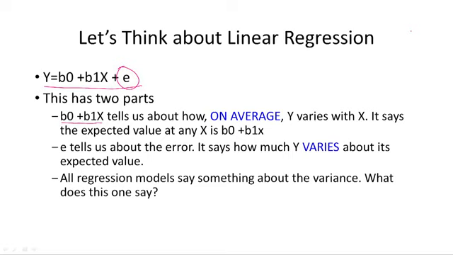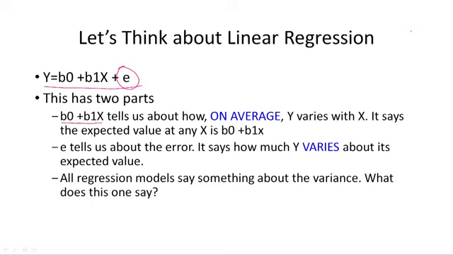Because I'm never going to predict everybody's outcome perfectly. Okay? So E is about the error, and that tells us something else. It tells us how much y varies around its expected value.